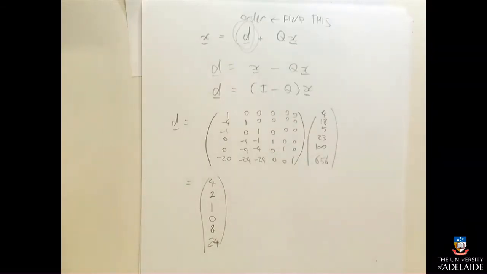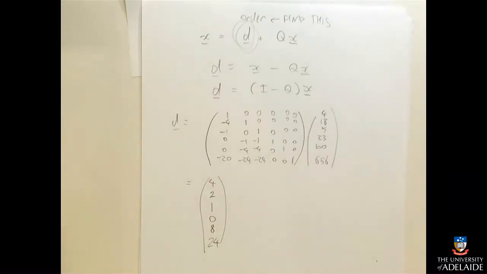So they wanted 4 sheds, 2 walls, 1 roof. They didn't ask for any plain aluminium sheets. They needed 8 braces and 24 extra bolts.